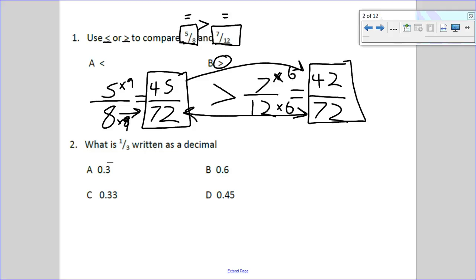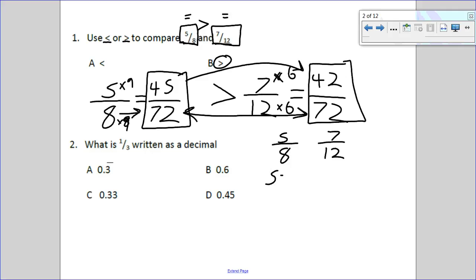Another way we could do this is we could simply divide the top number by the bottom number. And that will give us decimals that are equivalent to our fraction, and then we can just compare the decimals. So we've got 5/8 and we've got 7/12.